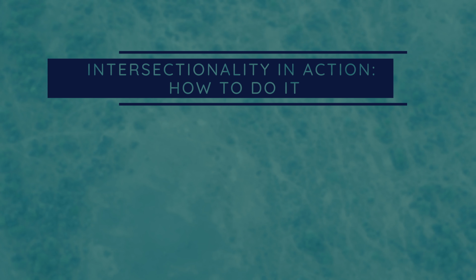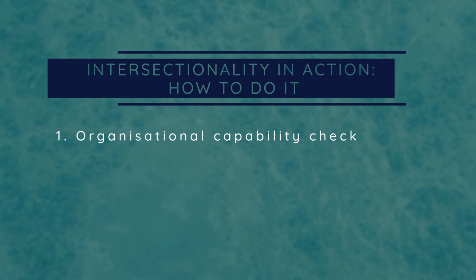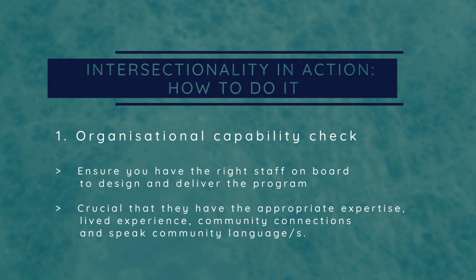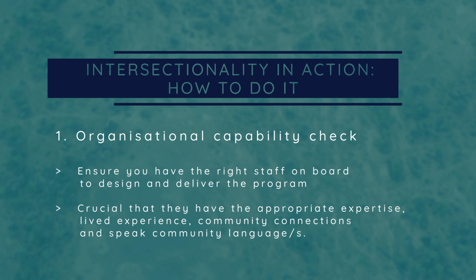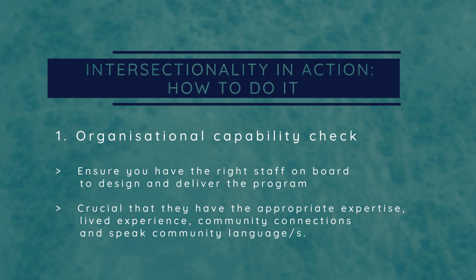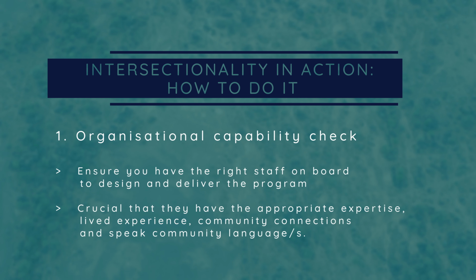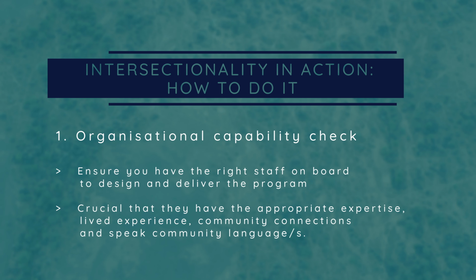In this video, we're going to step you through a few fundamentals in putting intersectionality into action. One of the steps could be doing an organizational capability check. This is to ensure that your organization has the right skill sets and resources, and that they are meeting the customer needs. Asking yourselves if you have the right workforce.